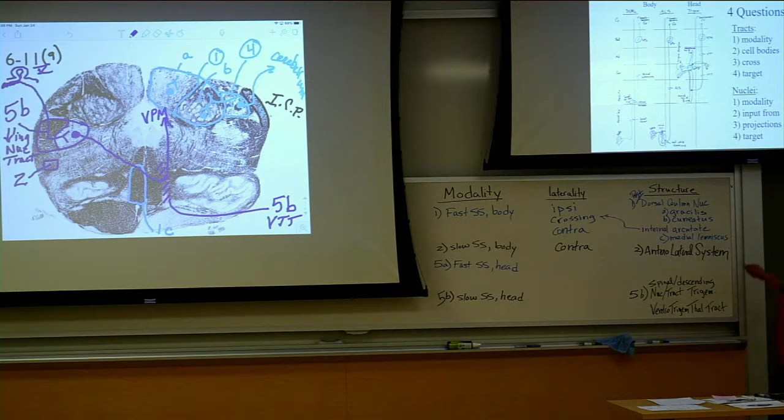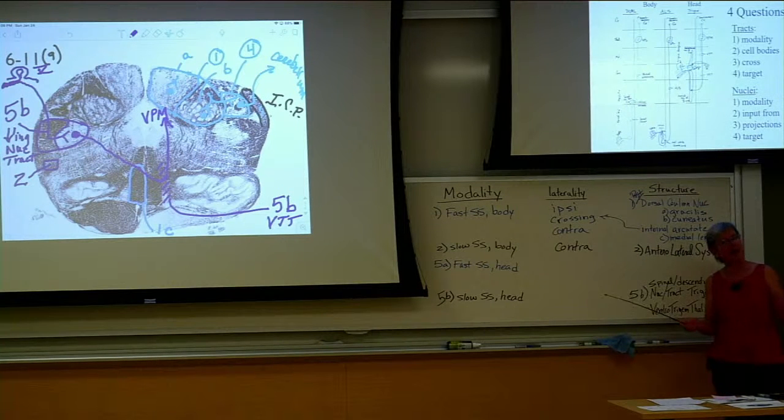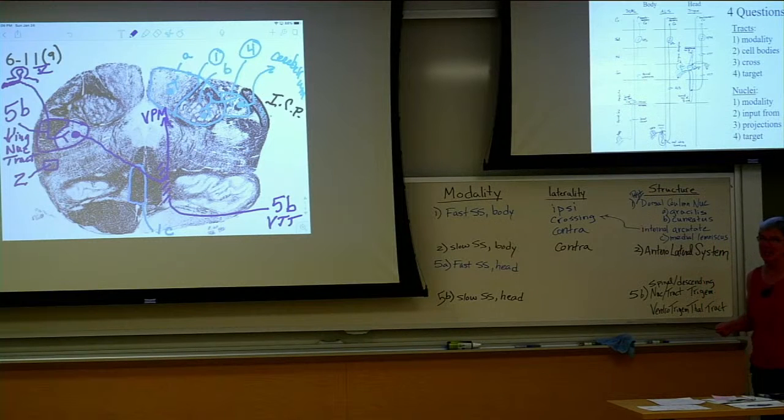And when we get to thalamus, you'll see, we'll show you both VPM and VPL. If I had a class in here live, they would have corrected me. Unfortunately, I don't. But VTT, the target, that's the beauty of the pathway, it will correct you. VTT goes to the ventroposteromedial nucleus of the thalamus.